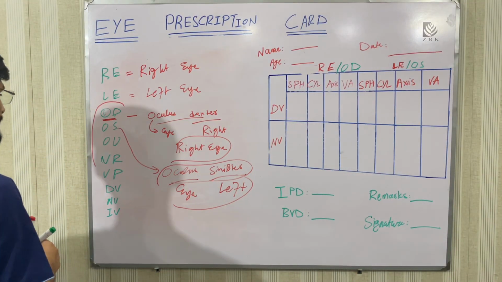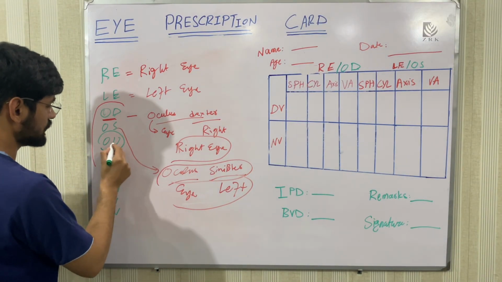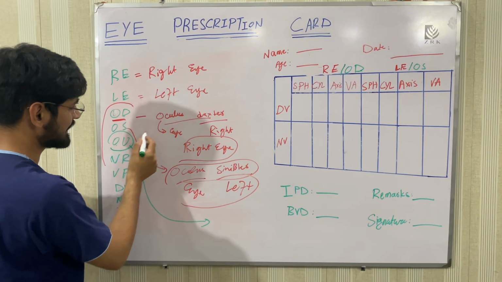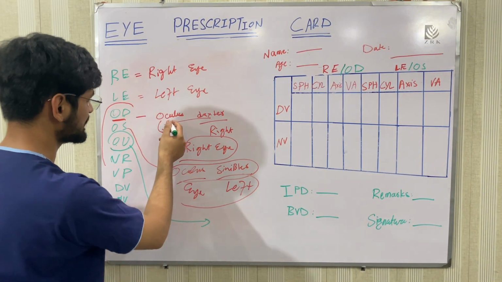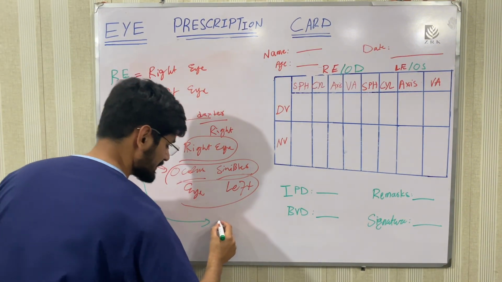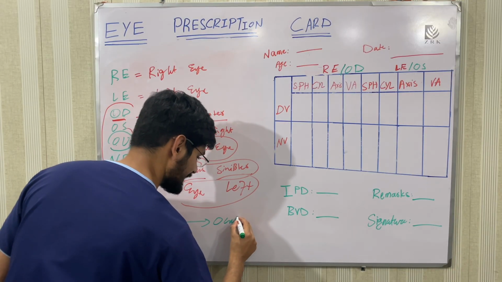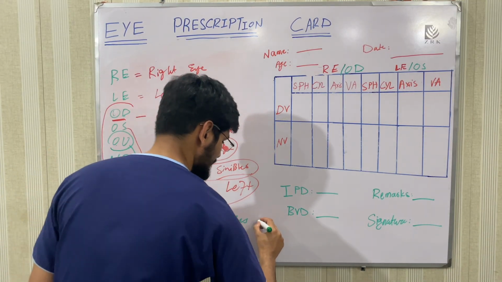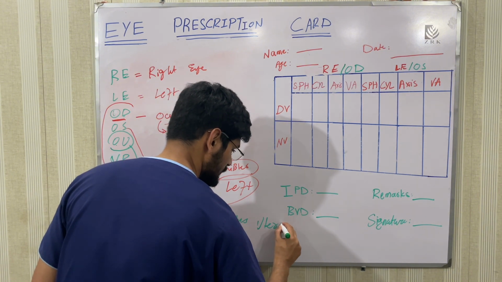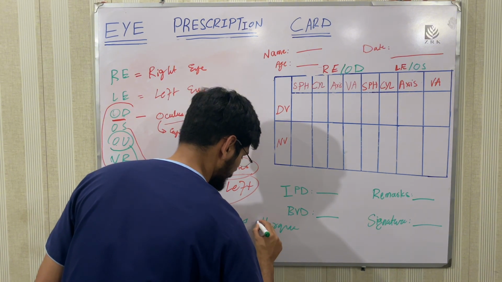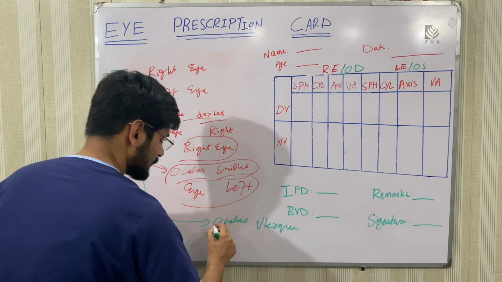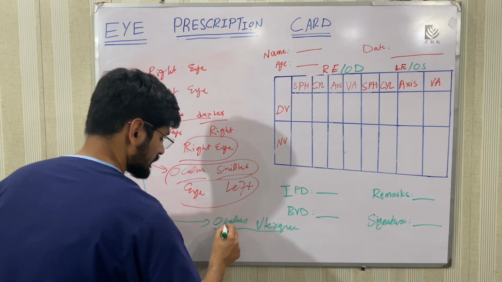So come to the next word, OU. In Latin, as we know, O stands for oculus, and oculus means eye, but here OU means oculus uterque. My Latin pronunciation is not too good.